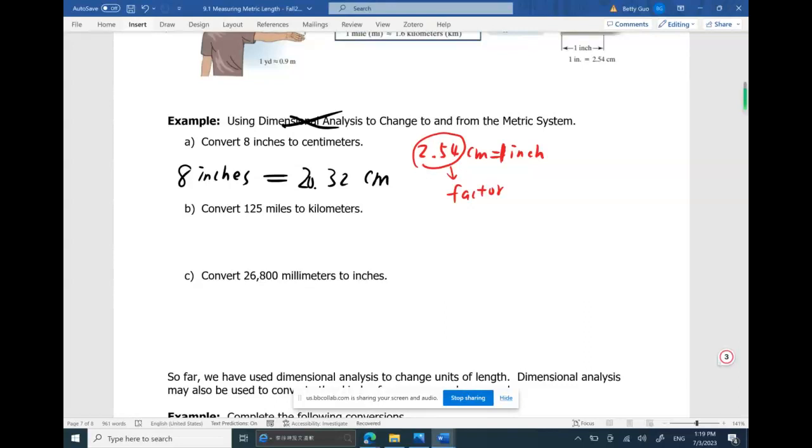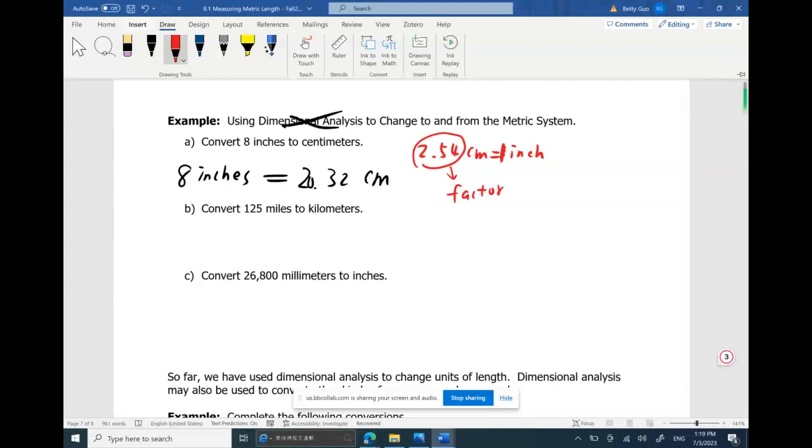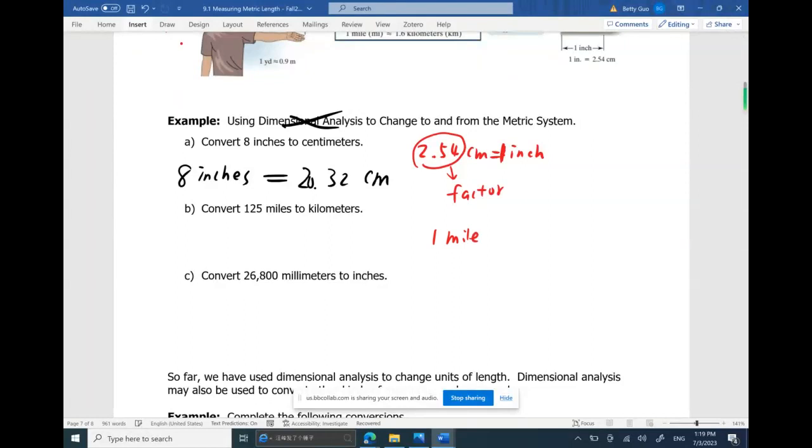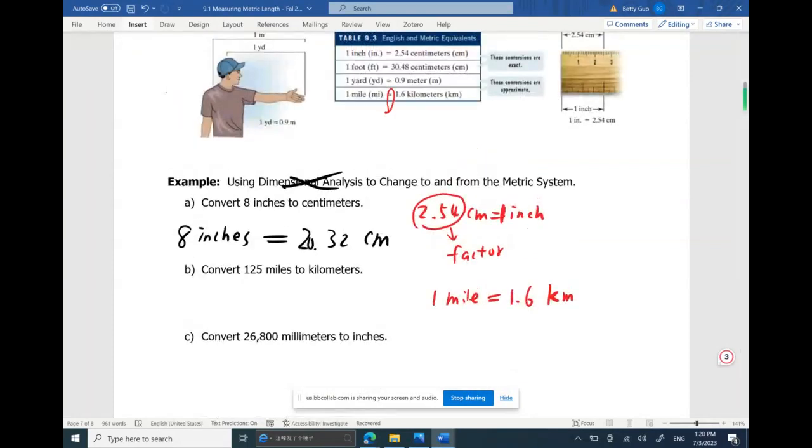Part B, convert 125 miles to kilometers. That's another thing I remember between the two systems: 1 mile is approximately equal to 1.6 kilometers, but just for convenience, sometimes we just use equal, and it will not give you any incorrect result.